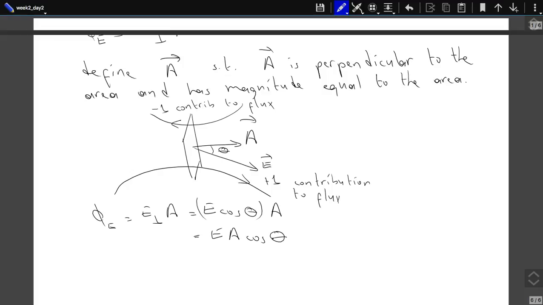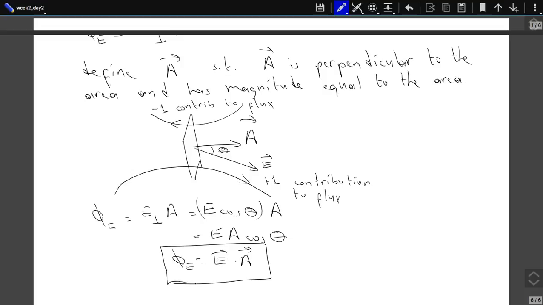But this is nothing but the definition of the scalar product. So this is nothing but E dot A. Again, one thing that you should keep in mind, the area vector is perpendicular to the area. So if you make such a definition, this is the flux that goes through an area.